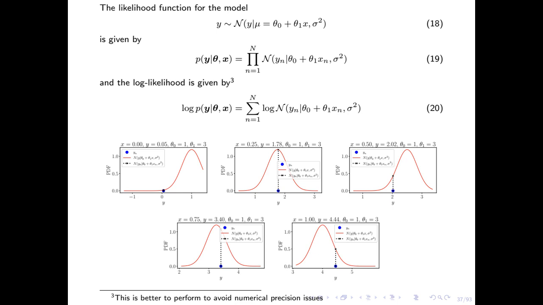If you're multiplying 100 numbers with one another and all of them are smaller than 1, at one point you're going to struggle with numerical precision, where the log is much more stable. But the principle remains exactly the same. If I'm calculating the product of numbers or summing the log of the numbers, it's still going to indicate the same thing. And that thing it's indicating in this case is how well this model describes the data we observe.